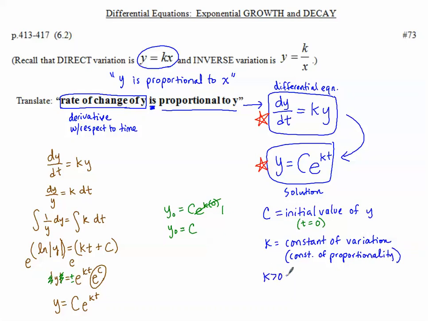If k is positive, this equation represents exponential growth, where graphically it looks like this. And if k is negative, the equation represents exponential decay, where the graph looks something like that.